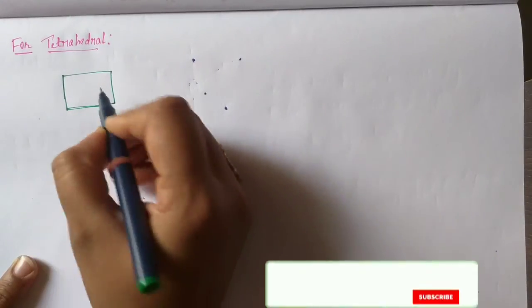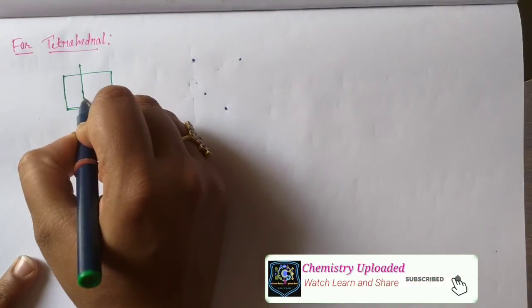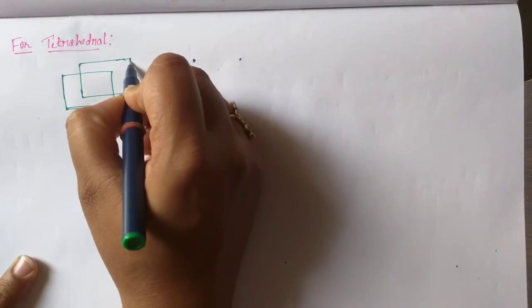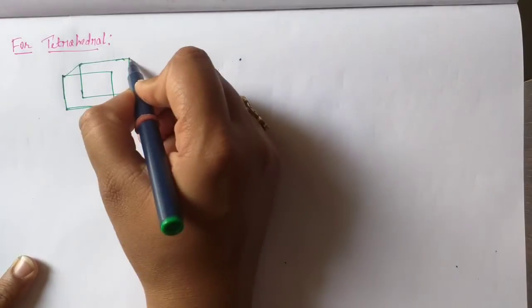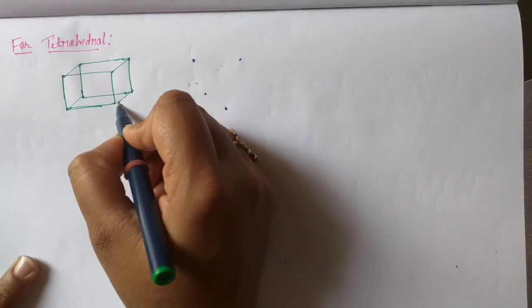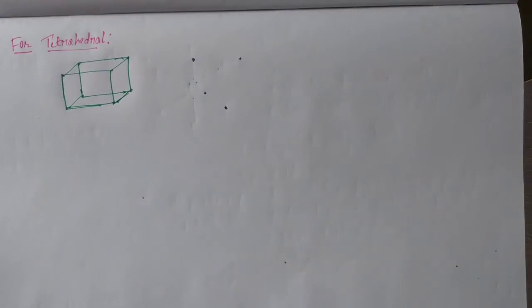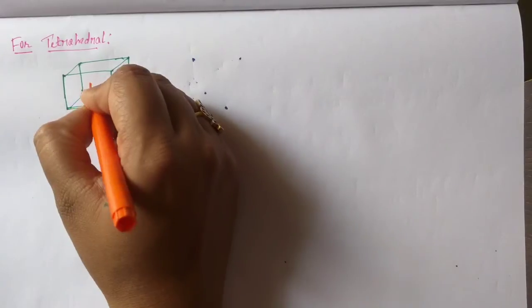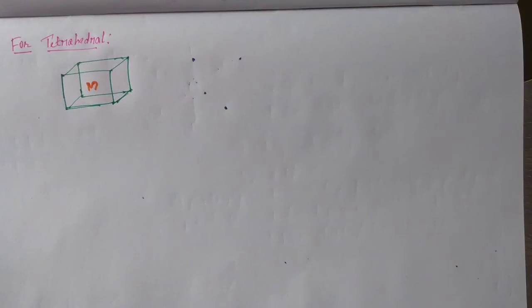So here the structure is, if you consider a cube, students, there are 8 corners. If you consider the metal present here.